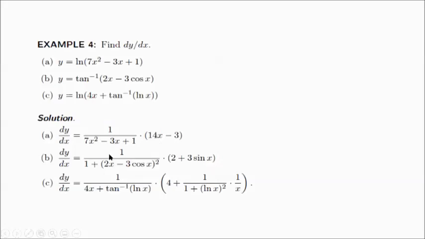Okay? And then inverse tangent. So from the formula, 1 over 1 plus u squared. So yung u natin is this one. So i-square mo siya. Ngayon, hindi lang x ito. So function siya, 2x minus 3 cosine x. So derivative nito is 2 plus 3 sine x.